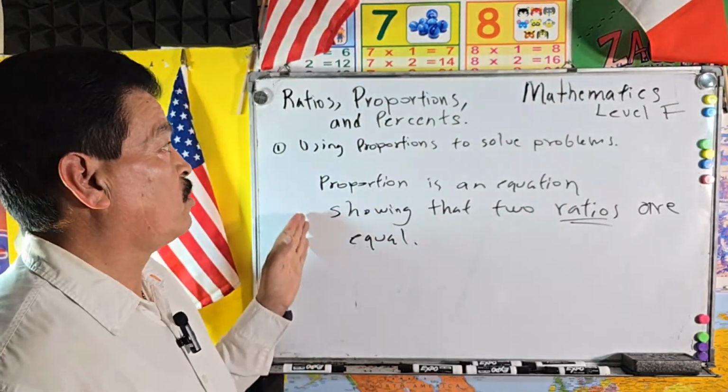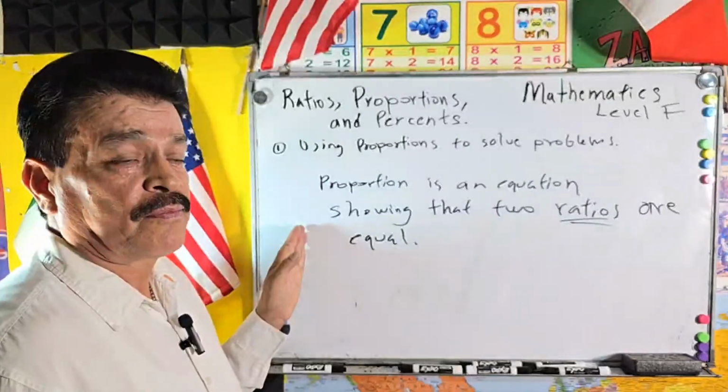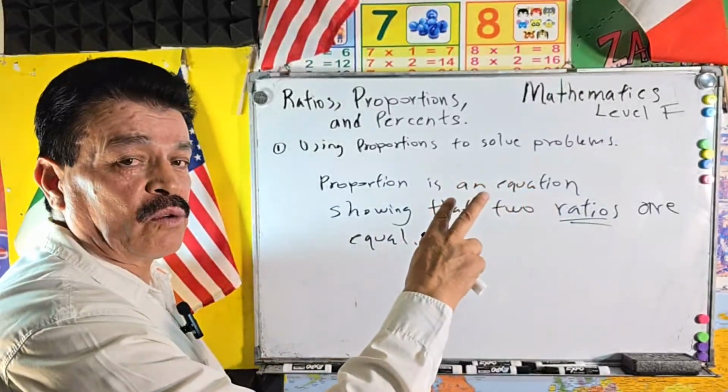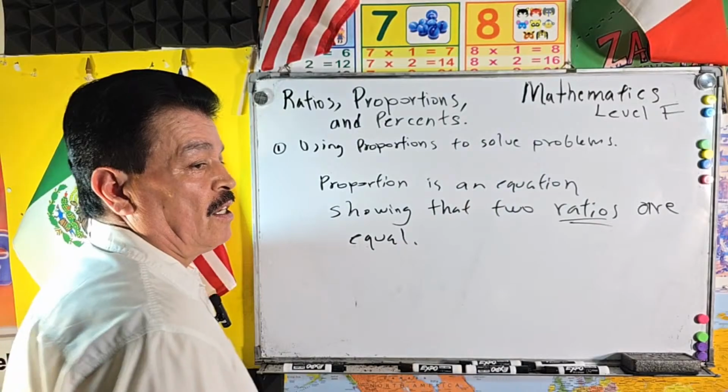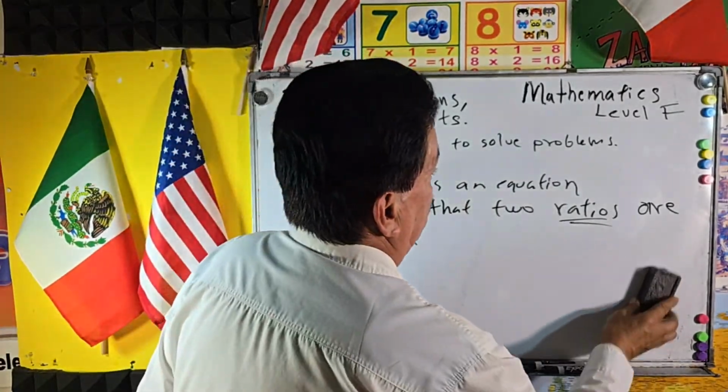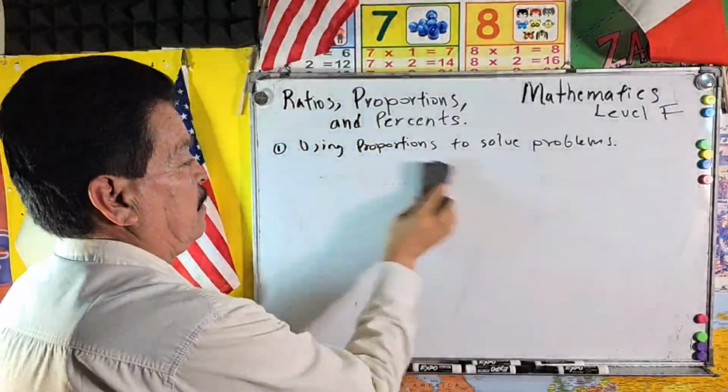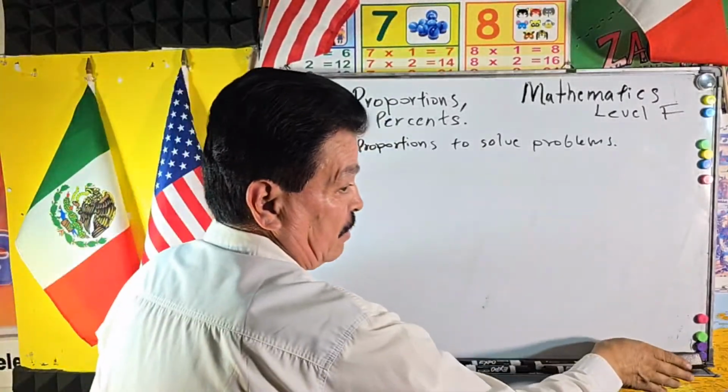This is the concept about proportion. One ratio is a fraction, a ratio is a fraction. This is a very important idea for our class.